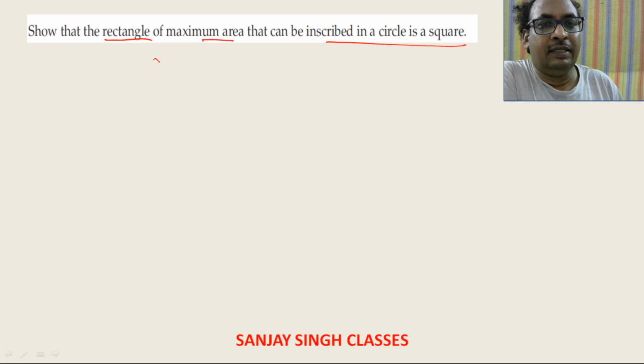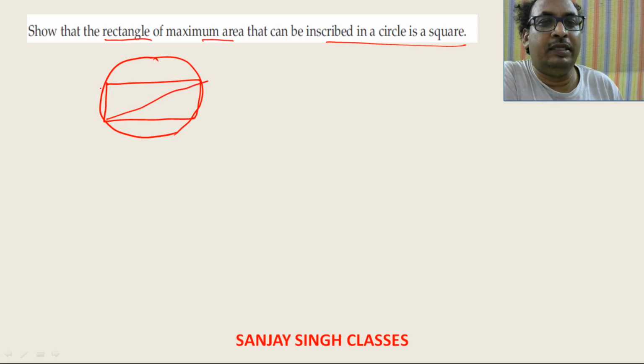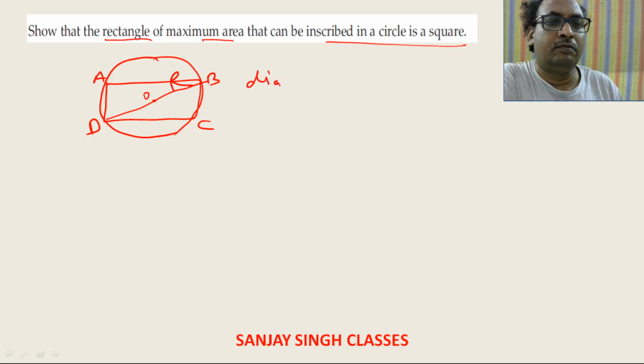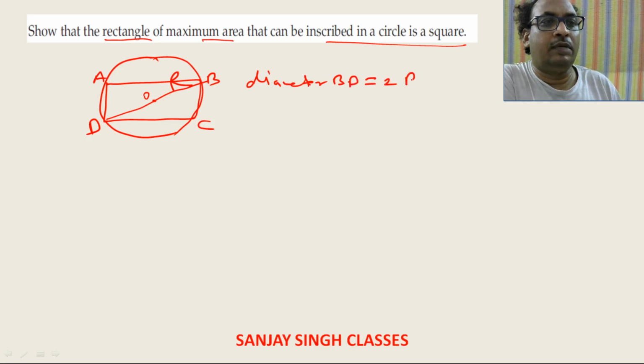So if in a circle we make any rectangle inside, this is A, B, C and D. If this is the center O, and R is the radius, then diameter BD will be equal to 2R.